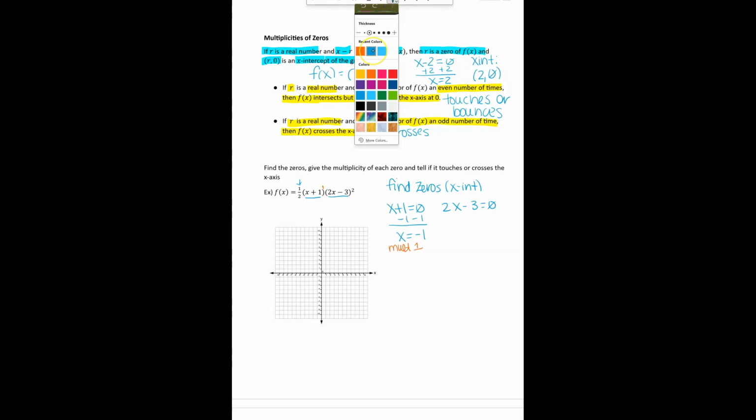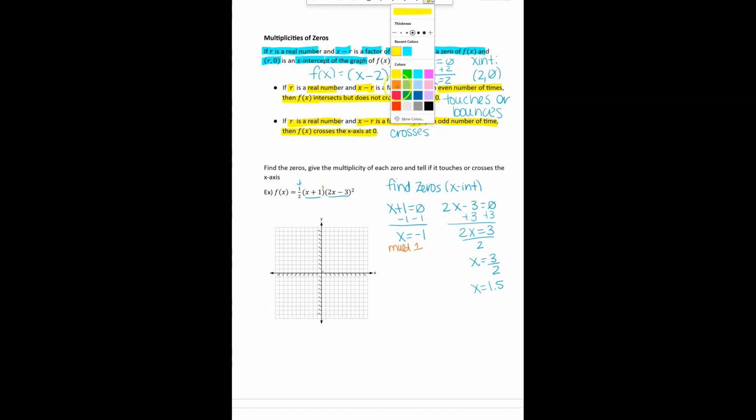Okay, now this guy, we're going to add 3, divide by 2. Alright, x equals 3 halves, or you say x equals 1.5, whatever you want to do. Same thing, right? Now what was his multiplicity? 2, right?